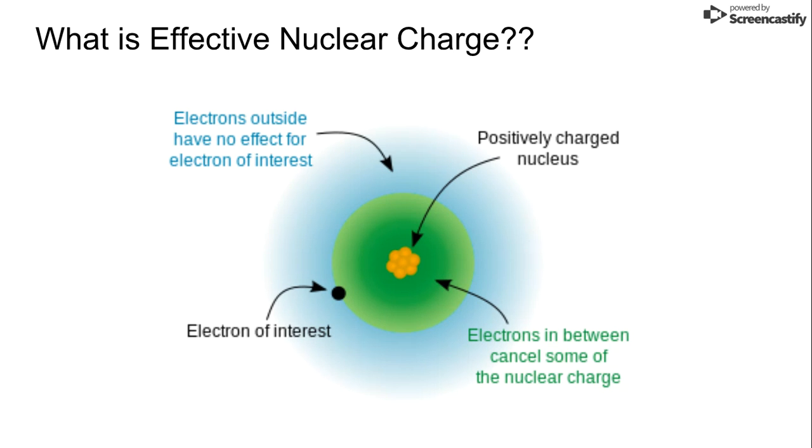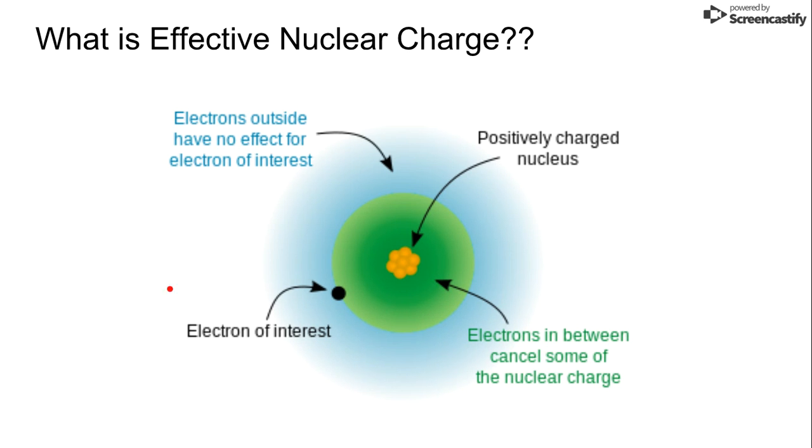Well, obviously, the nucleus has a positive charge in it, but the question is, how much of that charge does the outermost electron really feel? And the answer has to do with the amount of electrons that are shielding that nuclear charge from the outermost electron.